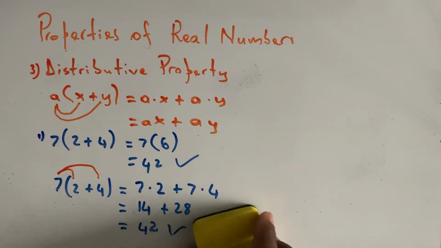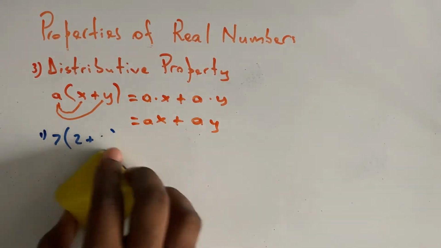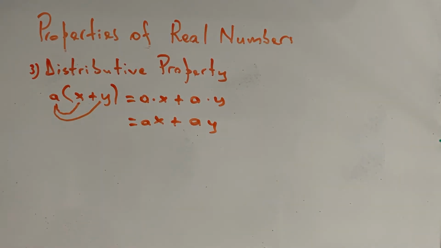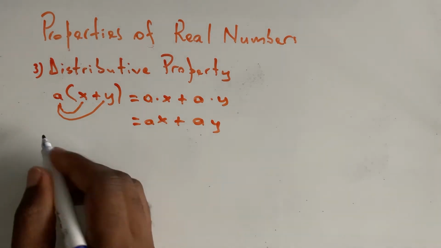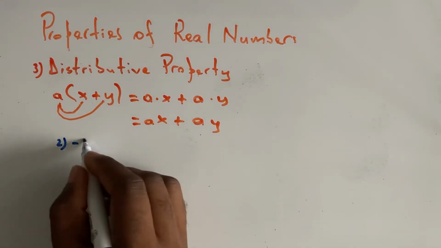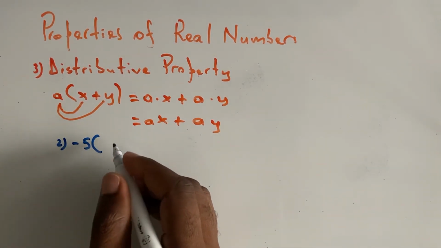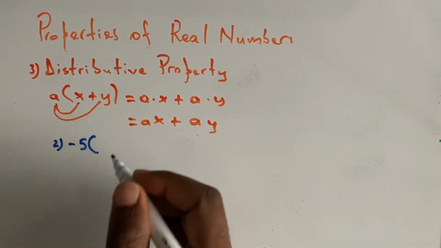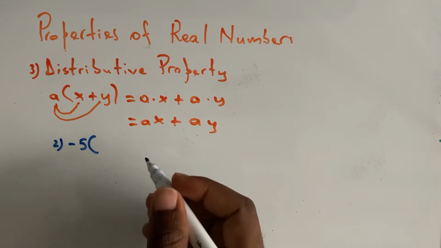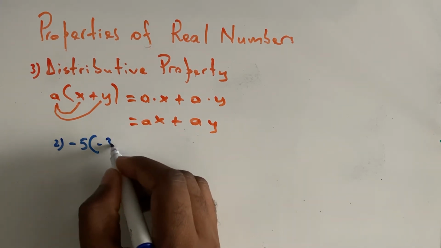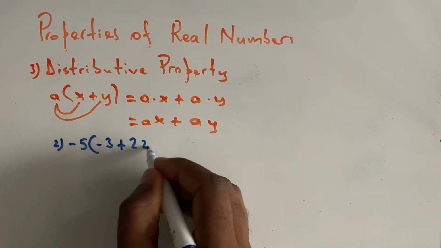So here is another example to show you how good it is to know those properties. Let's take a look at this right here. If we have -5, for example, -5 times anything you want to say here, -3 plus 2z.